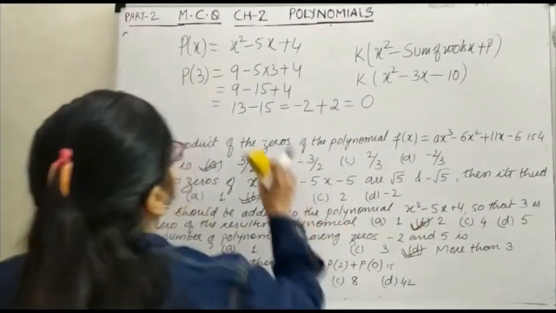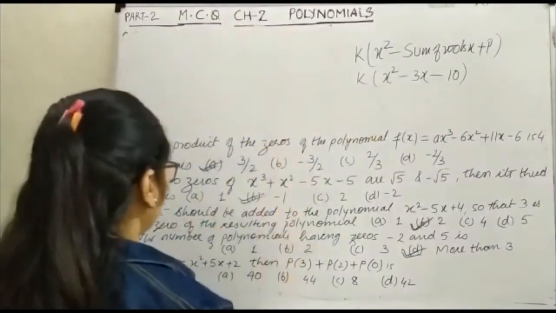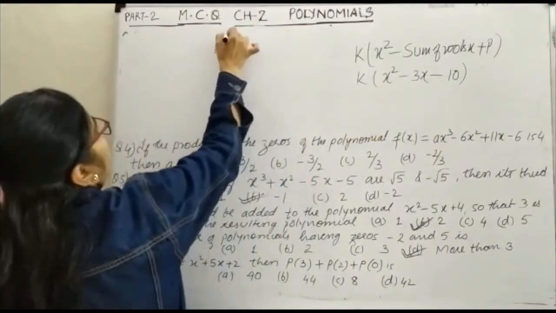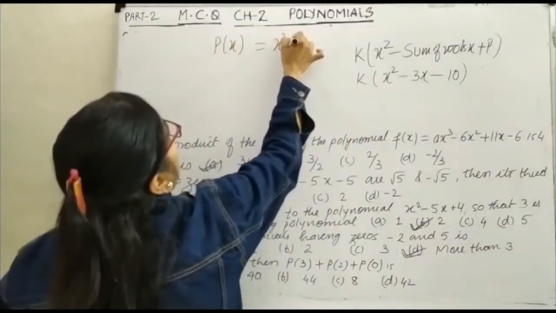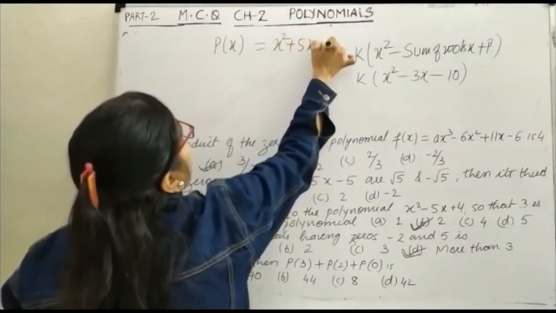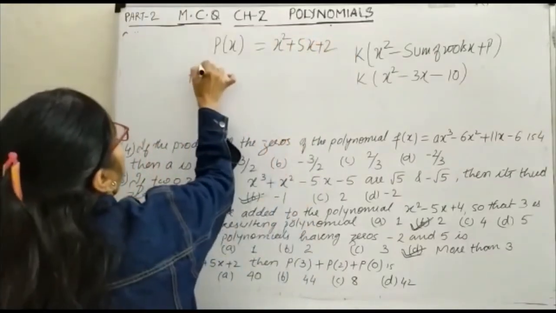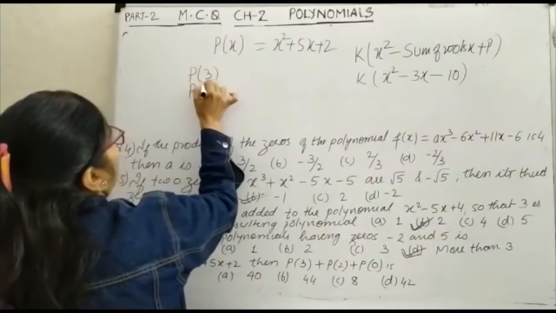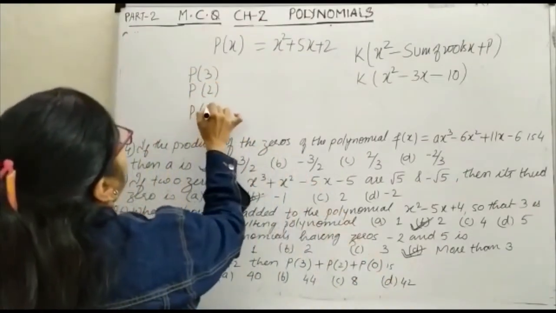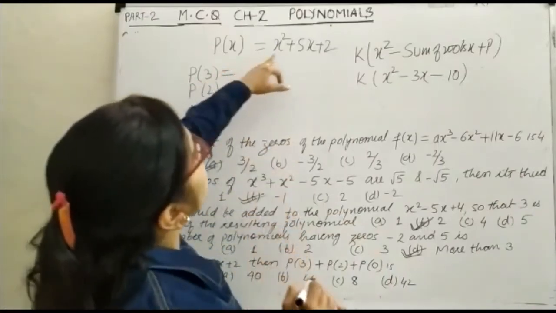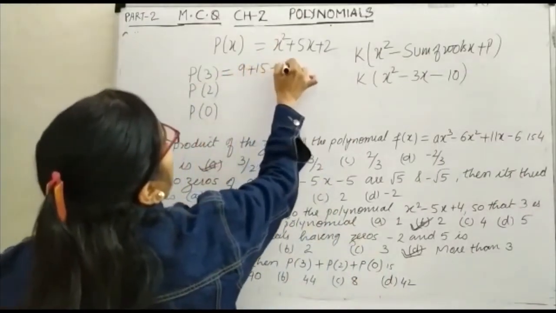Coming to the last one, your polynomial px is given, that is x square plus 5x plus 2. You are supposed to work out P3, P2 and P0. You can see here your P3 will be 3 square, that is 9 plus 15 plus 2.